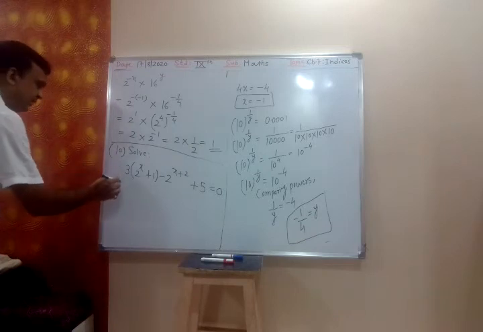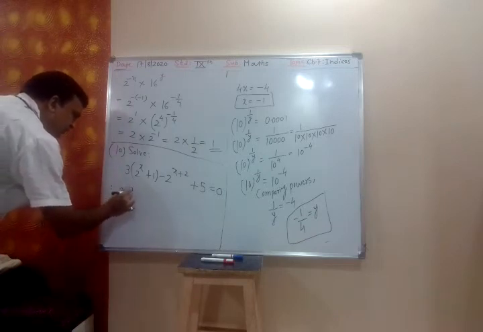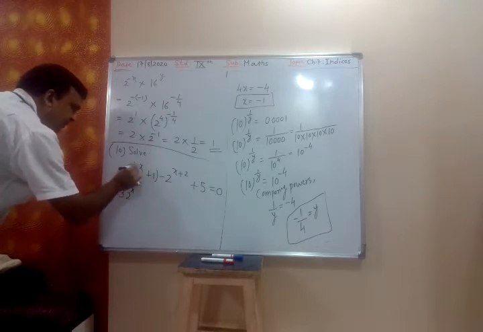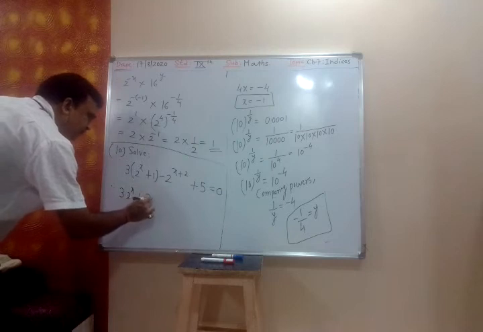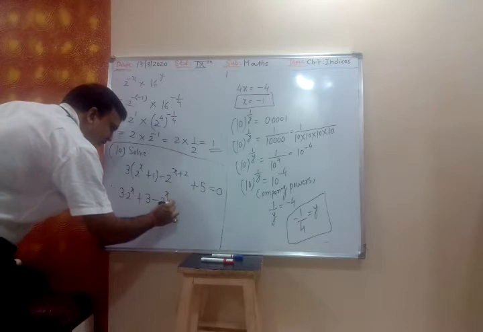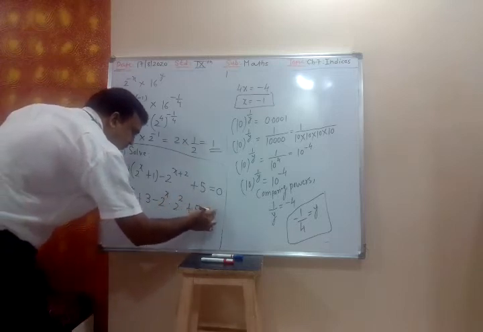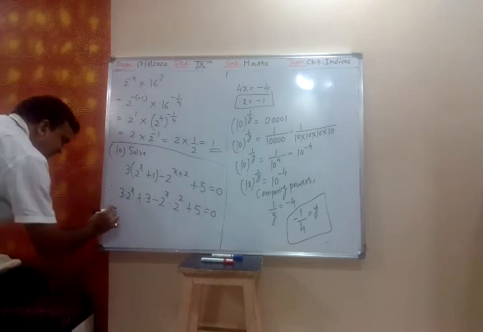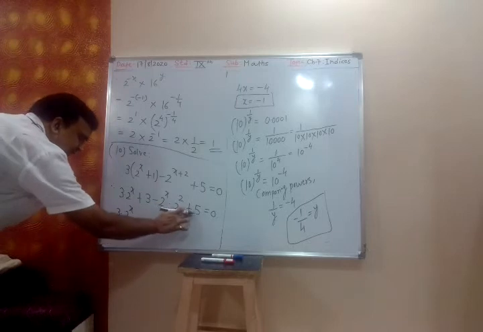So this we write, just we open the bracket, 3 into 2 raised to x. We multiply 3 to each term of the bracket. We just open the bracket, 3 into 1, 3. Then minus 2 raised to x plus 2, I can write 2 raised to x into 2 raised to 2, plus 5 is equal to 0. So this I can write 3 into 2 raised to x plus 3, plus 5.